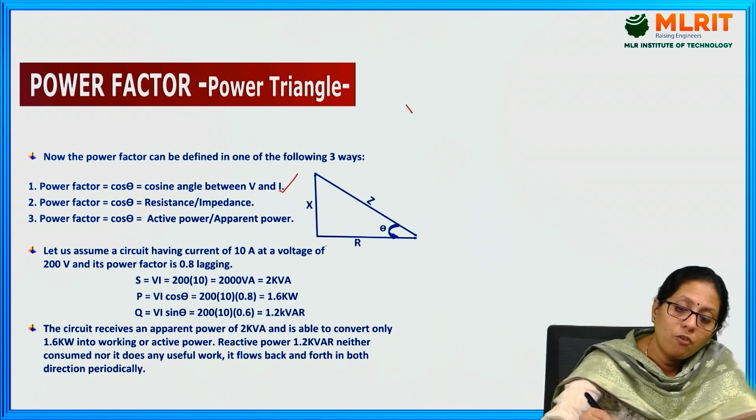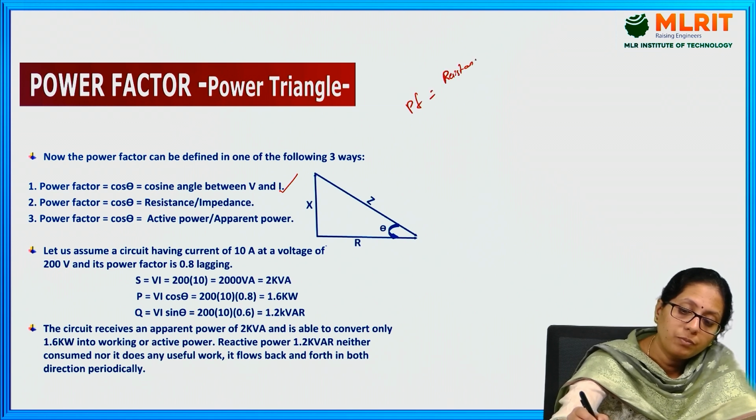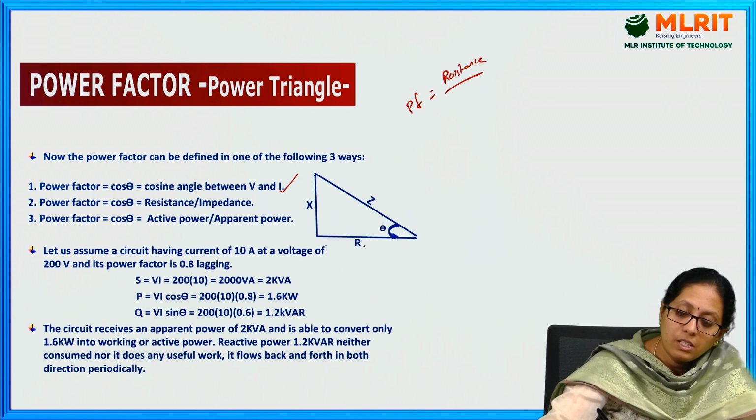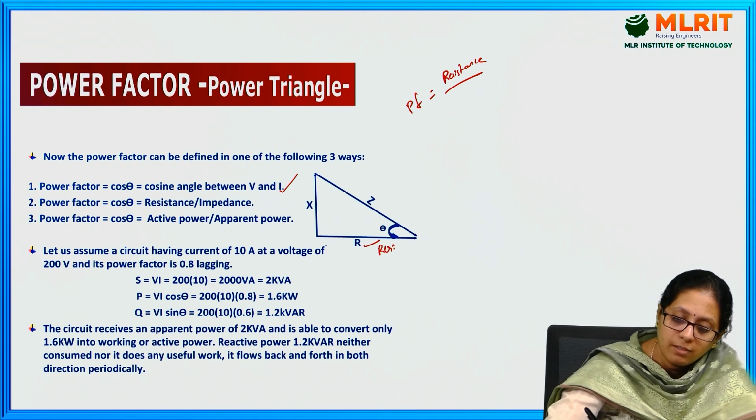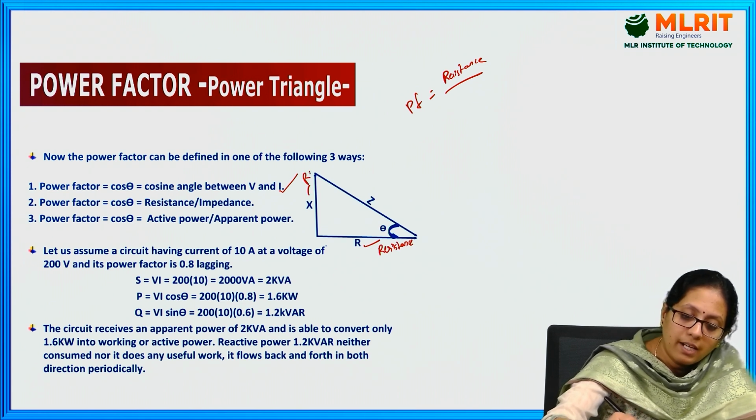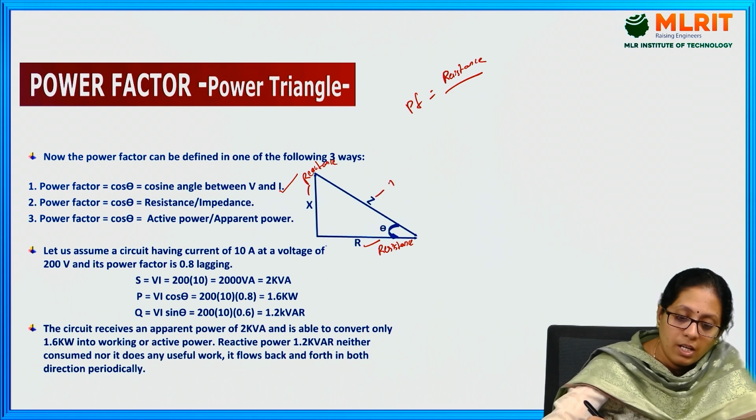more formula for the power factor is resistance by impedance. Here this is your resistance, this is your reactance, this is your impedance.